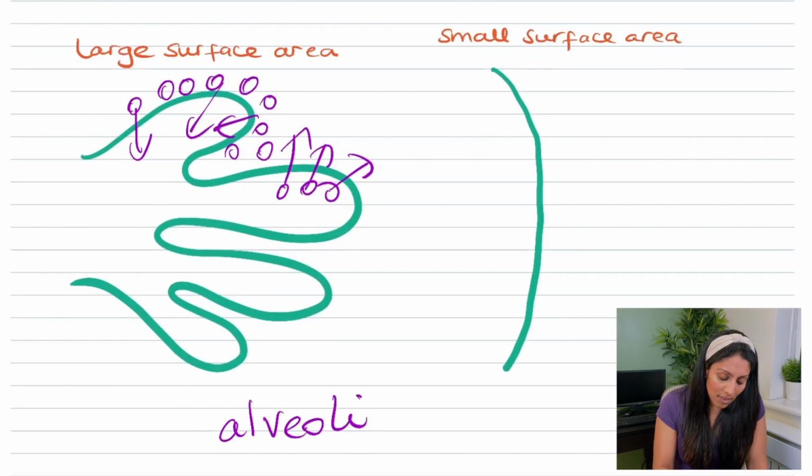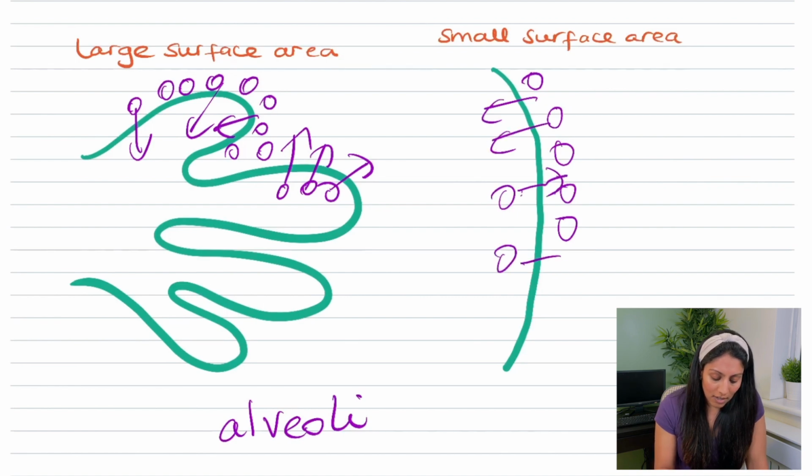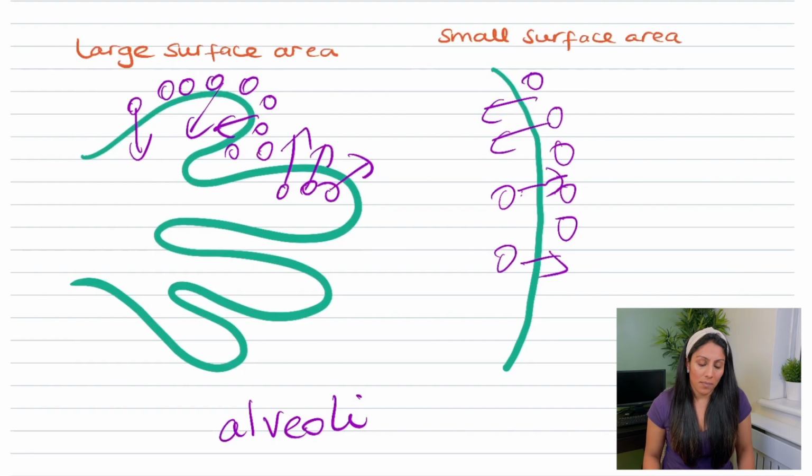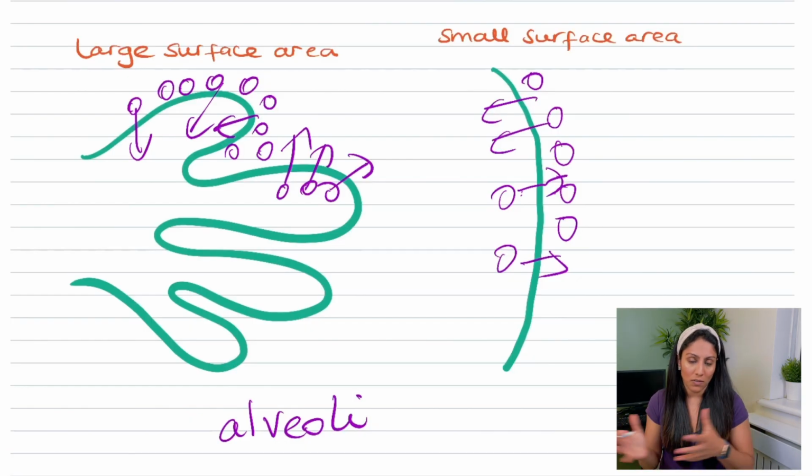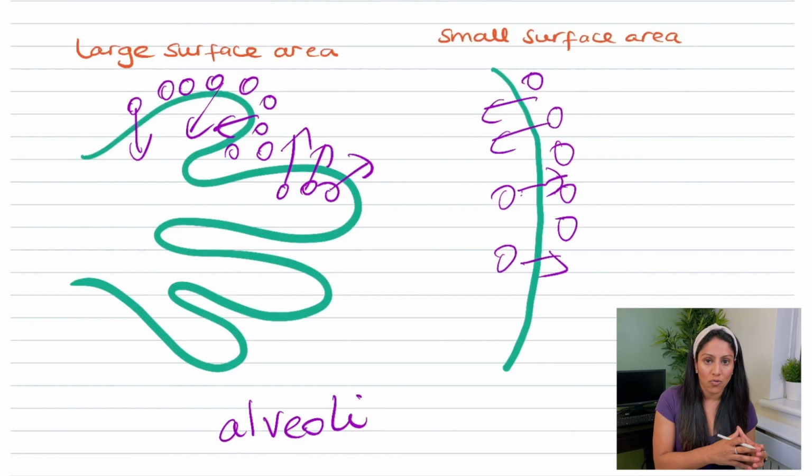But if you look at this case, there's only a limited amount of area that these particles can actually move to its surrounding environment. How do we phrase that? So to increase the surface area, you are also increasing the rate of diffusion, the speed at which these particles can move from a high concentration to a low concentration.